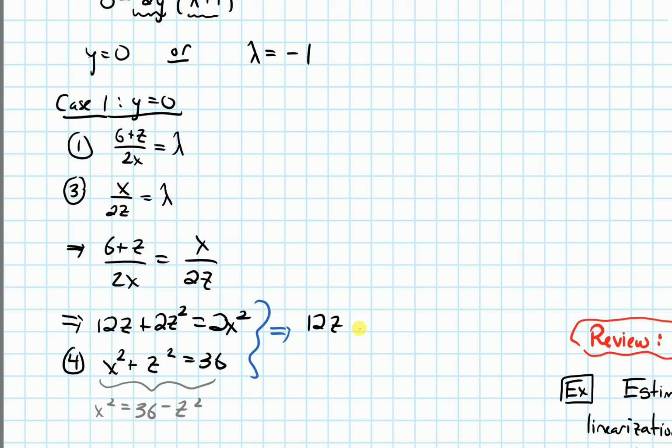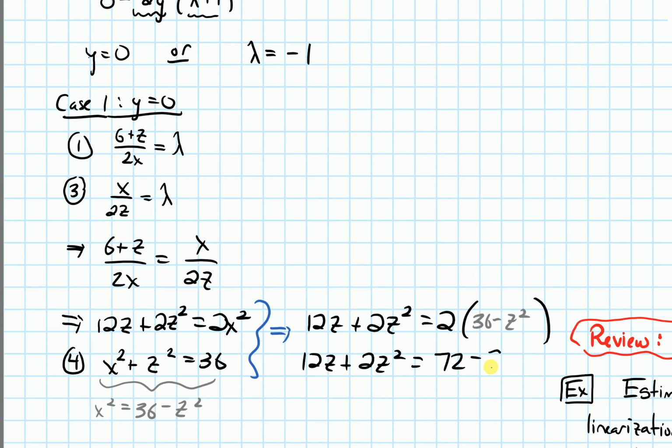12z plus 2z squared equals 2 times x squared, but I know x squared is 36 minus z squared. So overall, we have 12z plus 2z squared equals, distributing the 2, 72 minus 2z squared. So let's rearrange this.